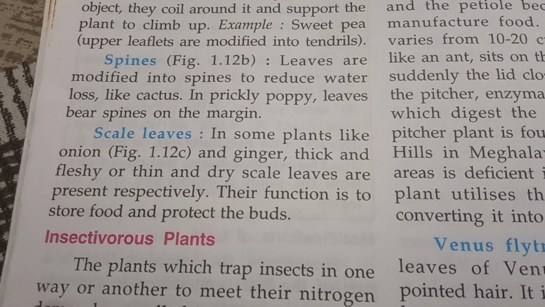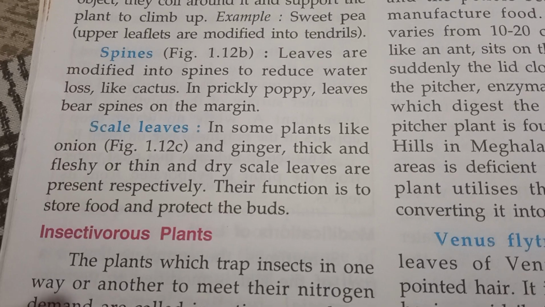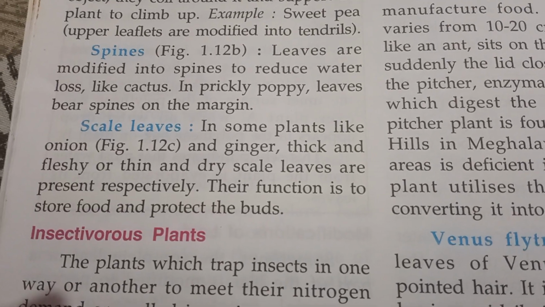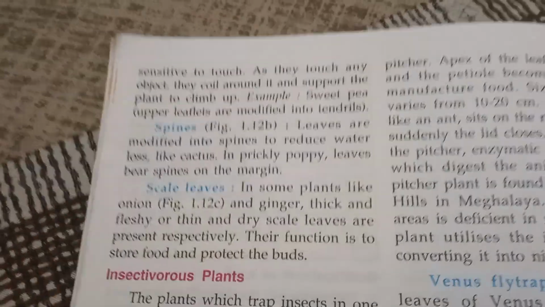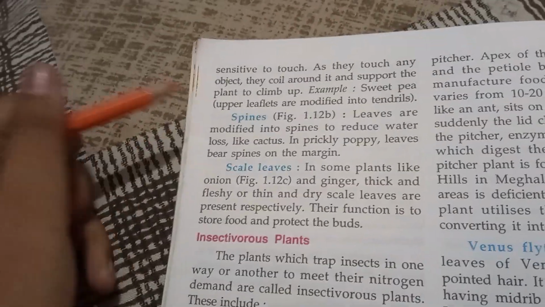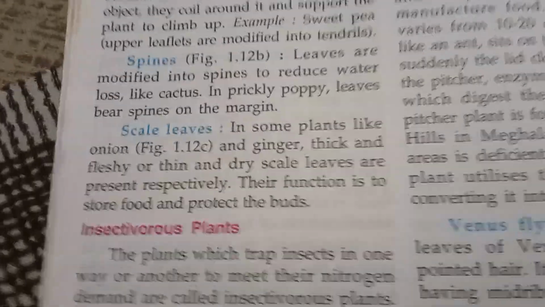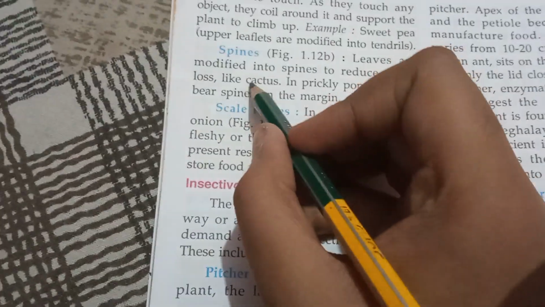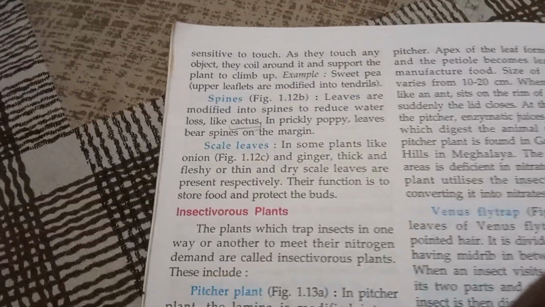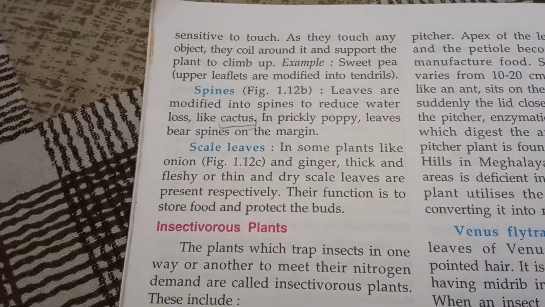Now spines. Leaves are modified into spines to reduce water loss. We have read what water loss in a plant is. It is transpiration, right? You have probably seen deserts in movies or videos. In the desert there is only one kind of plant, with spines.